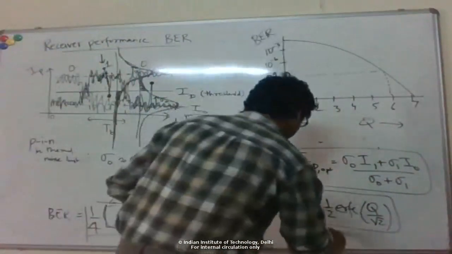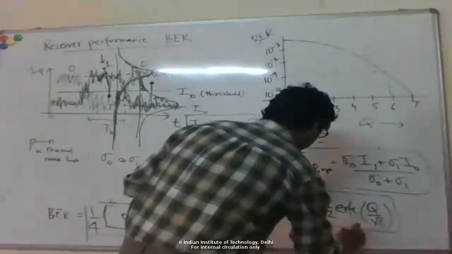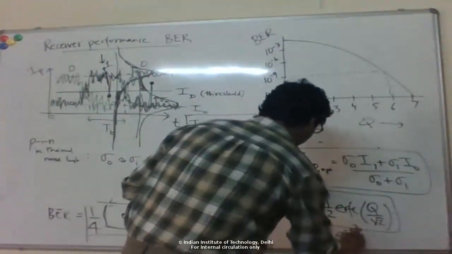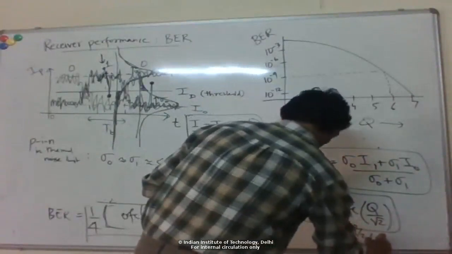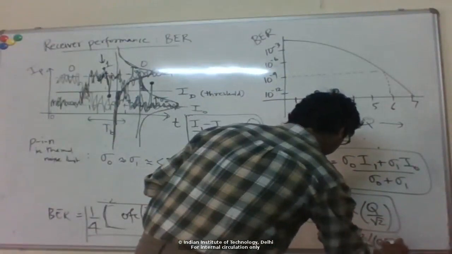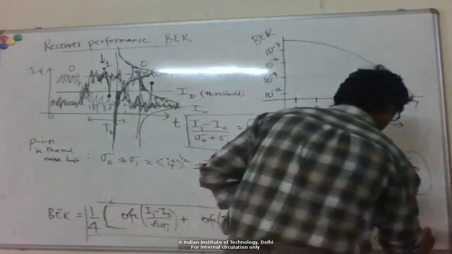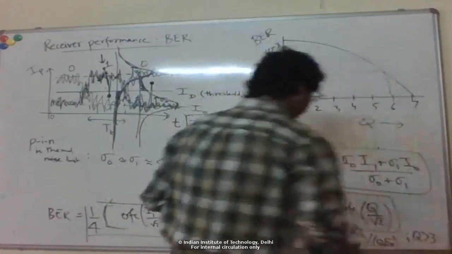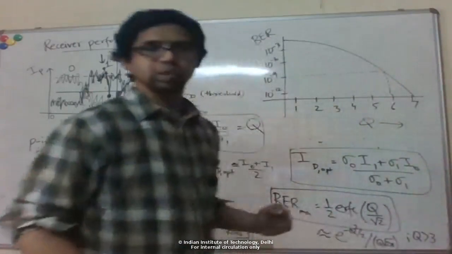But there is an analytical expression that you can easily compute, which works for large values of Q. For Q greater than 3, it works quite well: e to the minus Q square by 2 divided by Q times square root of 2 pi.